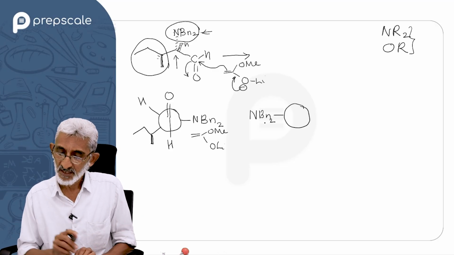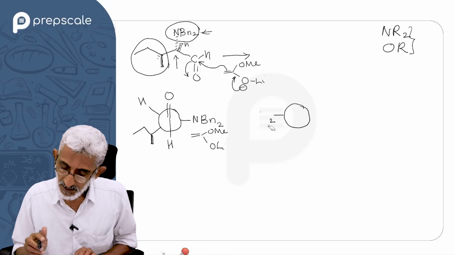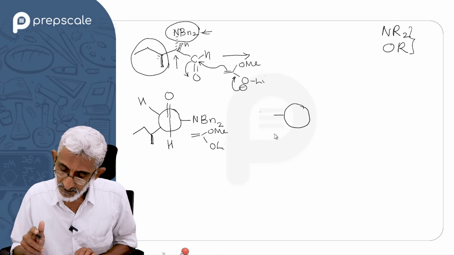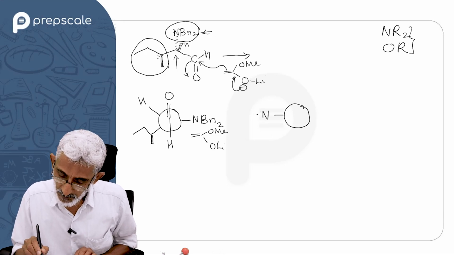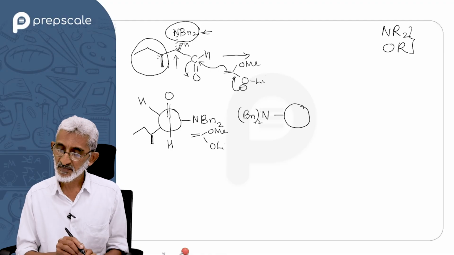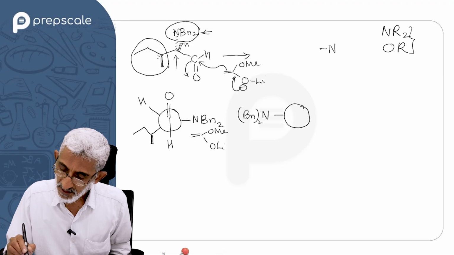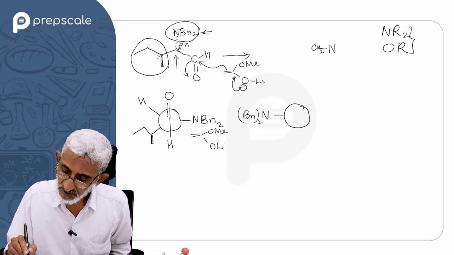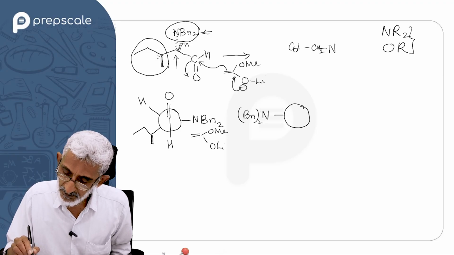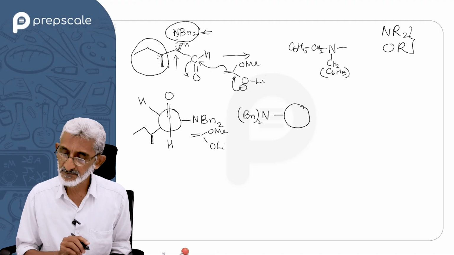Here is the N dibenzyl group. The dibenzyl group is this one, NCH2C6H5 and CH2C6H5. Remember, it's a protecting group.